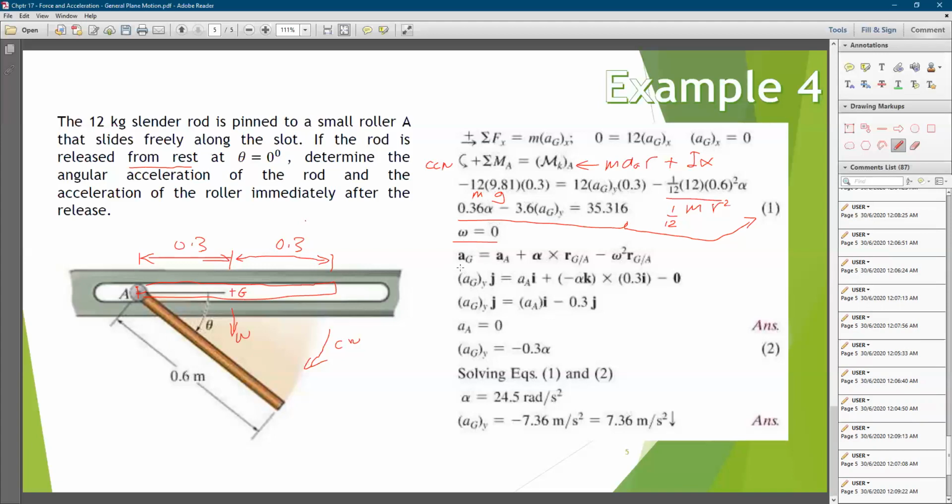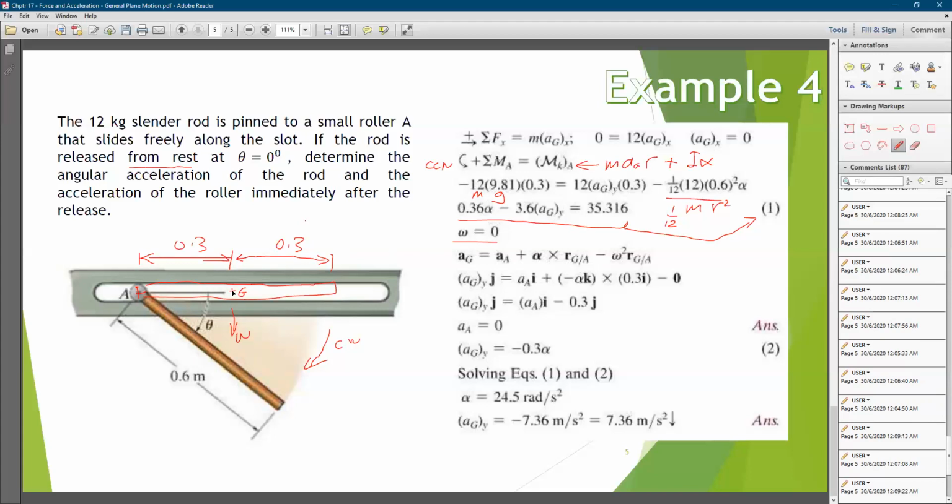We want to calculate the acceleration of point G relative to point A. AG is equal to AA, the absolute acceleration at G is equal to the absolute acceleration of point A plus alpha, the angular acceleration of this particular rod, cross with RGA.